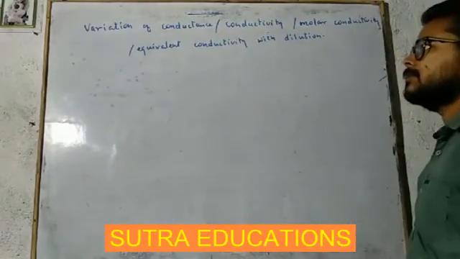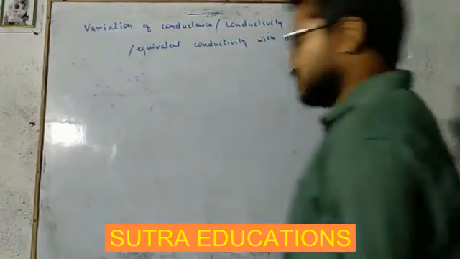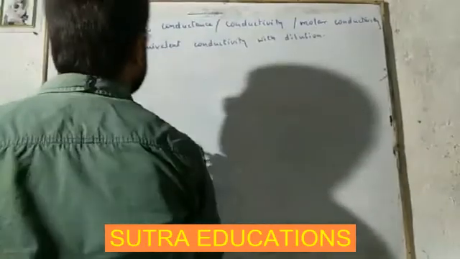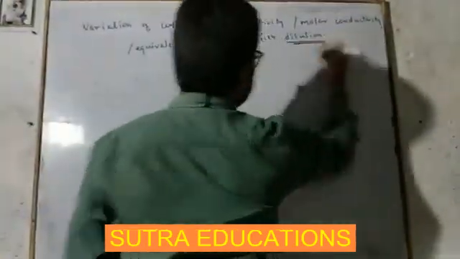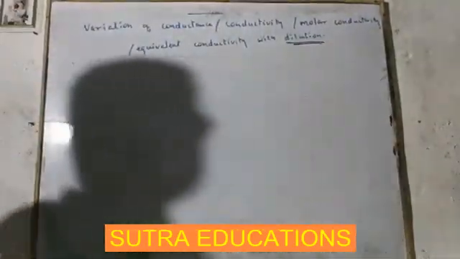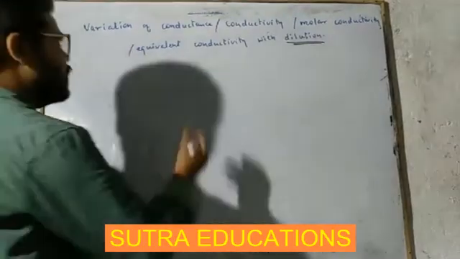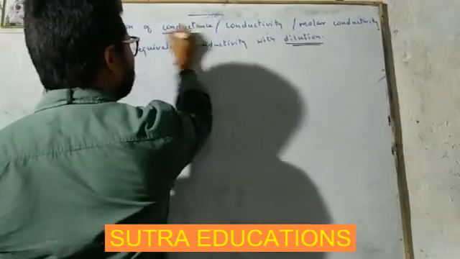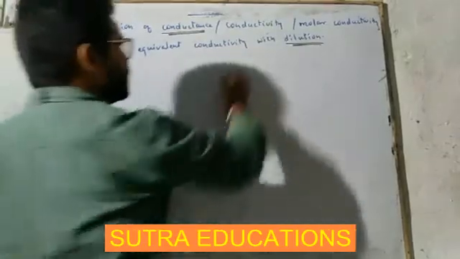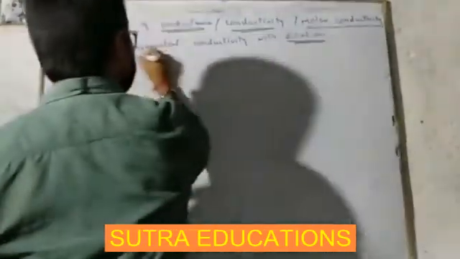Getting the topic? It is variation of conductance. We are going to discuss what happens with dilution. When dilution is performed, what are the changes which take place in conductance, in conductivity, in molar conductivity and in equivalent conductivity?